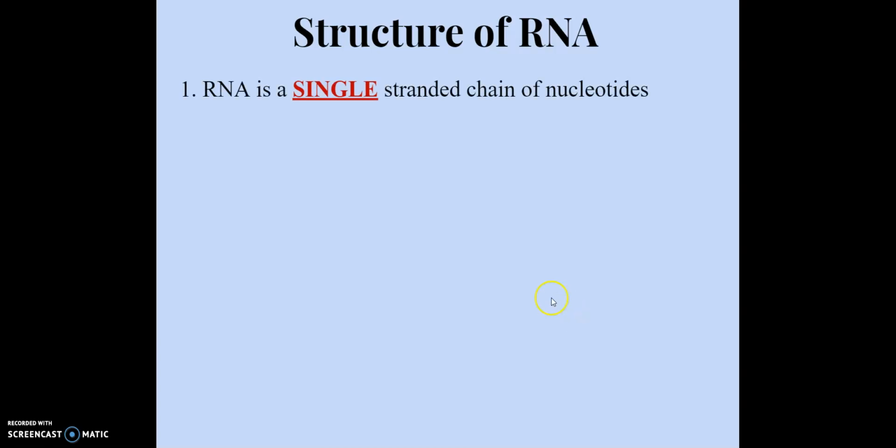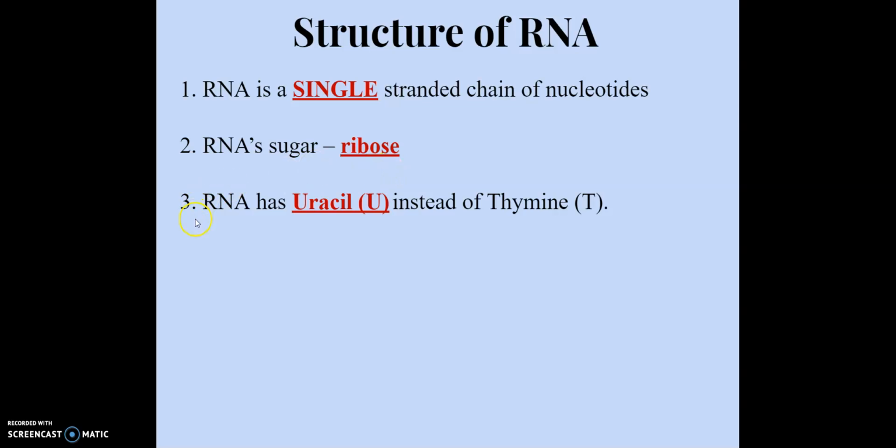So what's the structure of RNA? RNA is a single-stranded chain of nucleotides. The thing that's different between RNA and DNA is that in that nucleotide, the sugar is a ribose sugar. It's not a deoxyribose sugar. So that's why we were trying to be specific in our last unit about the type of sugar in the nucleotide. It's going to be a ribose. And then RNA also has a different base.